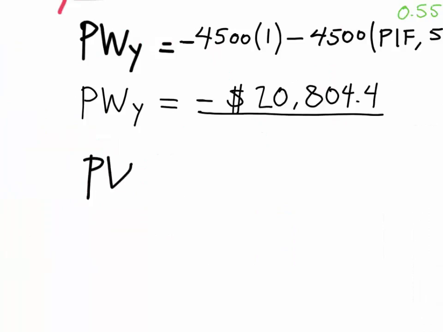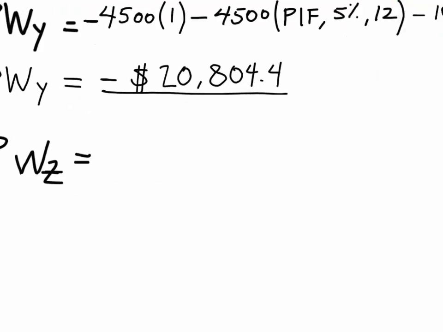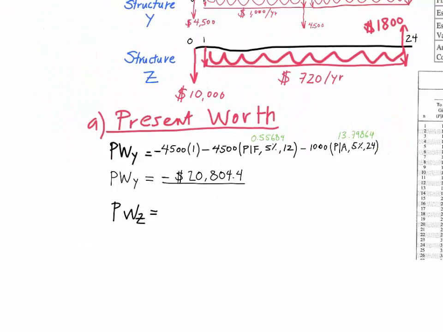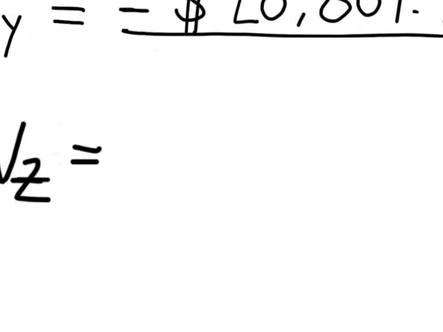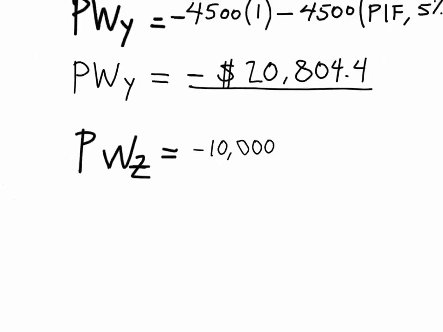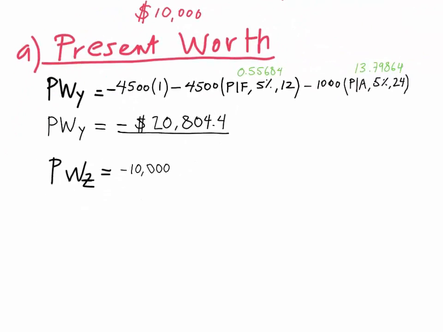Present worth of the Z structure would equal the initial investment of 10,000, so negative 10,000. And then the next would be the maintenance of 720.